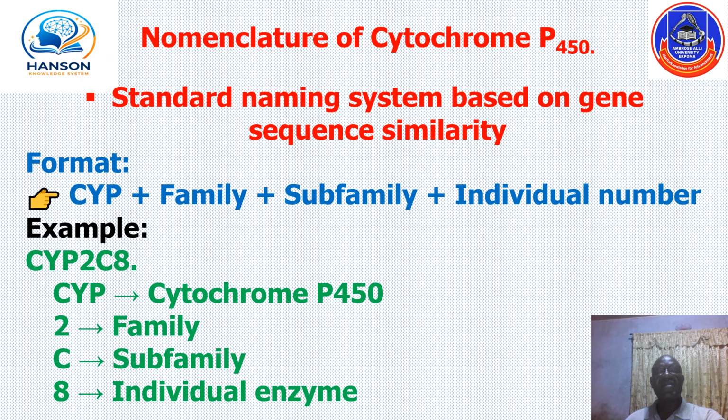That is the format. The example we are using, CYP2C8, is the name of an enzyme. The format given up here is replicated here as CYP2C8. CYP, the family is 2, the subfamily is C, and the individual number is 8.